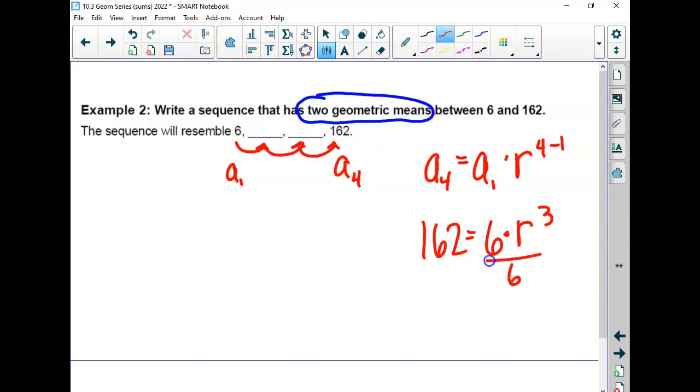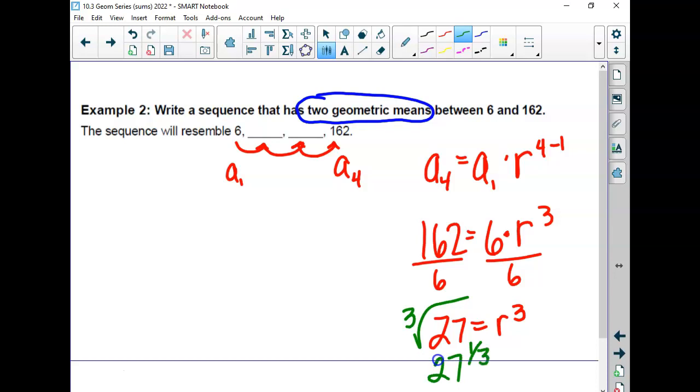All right, if we divide by 6, does that come out nice? 27? And then what do we do? We either cube root, or my preference is to do 27 to the 1/3 power, just because I hate having to find that cube root thing, okay?